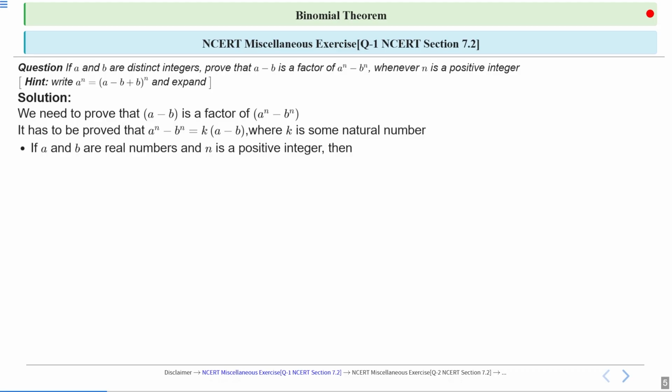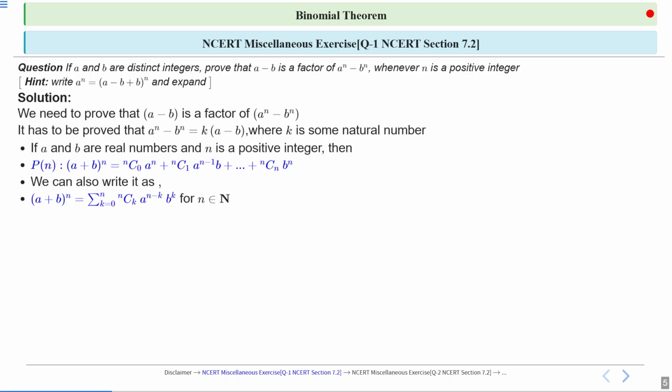Now let's consider the scenario where a and b are real numbers and n is a positive integer. Then according to the binomial theorem, (a plus b) whole to the power n is equal to n choose 0 a to the power n plus n choose 1 a to the power n minus 1 times b plus ... plus n choose n b to the power n.